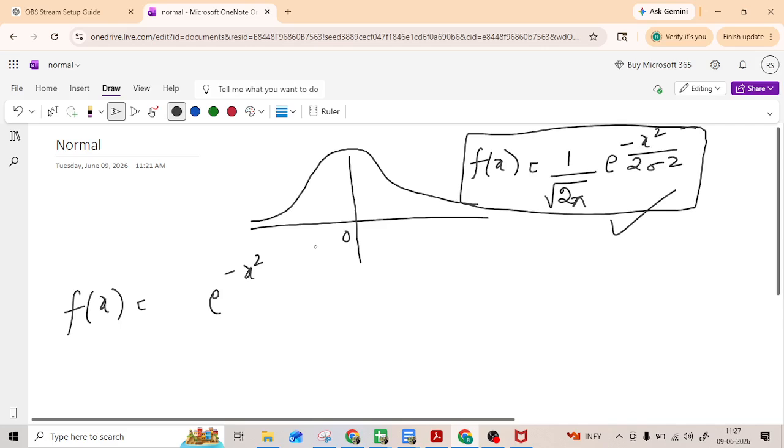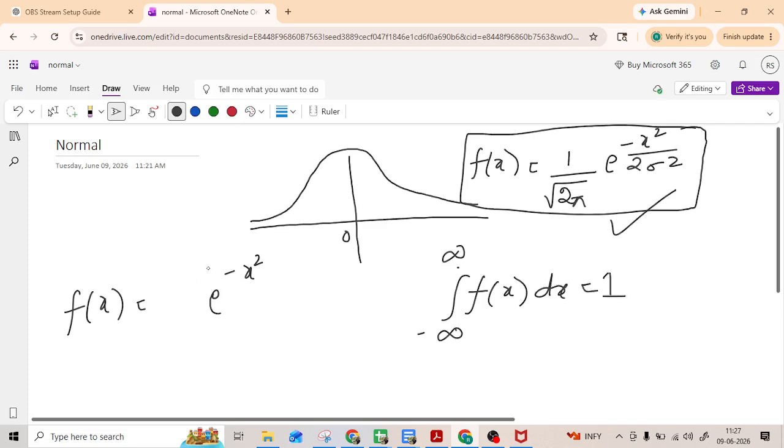And so this is that function, but we will also need to have another variable in it. Why is that? Because this is the probability density function, and what we eventually need is the integral from minus infinity to infinity of f(x) dx. Because this is a probability density function, this should always equal 1, right?